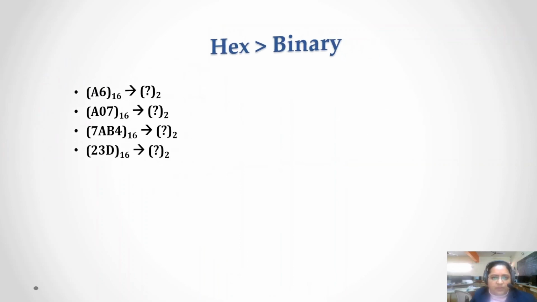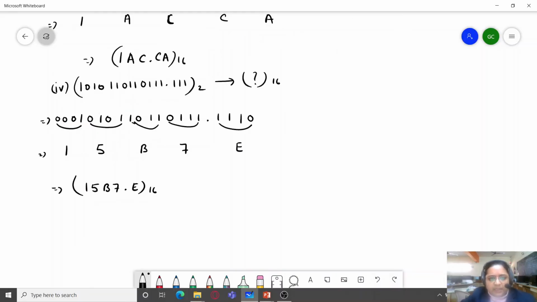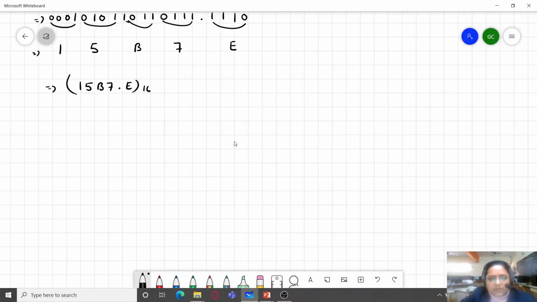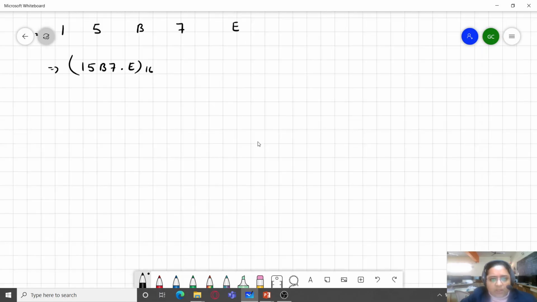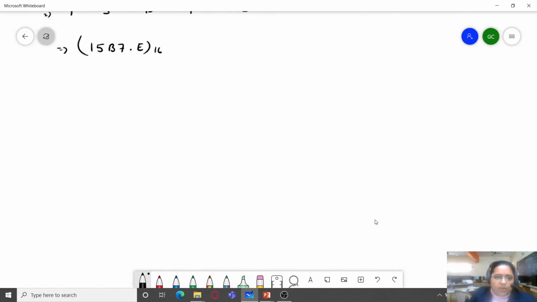Now the last one, that is hexadecimal to binary, and its format is also the same just like octal to binary conversion, only we would be making groups of 4. So let's start with the first example here.